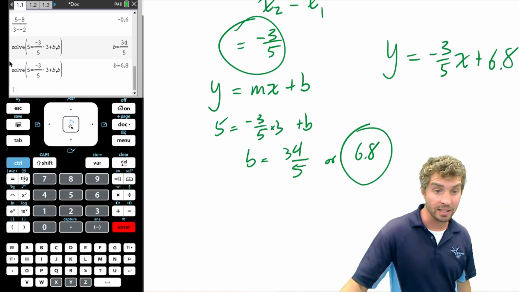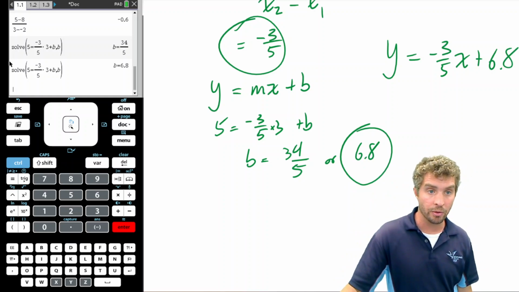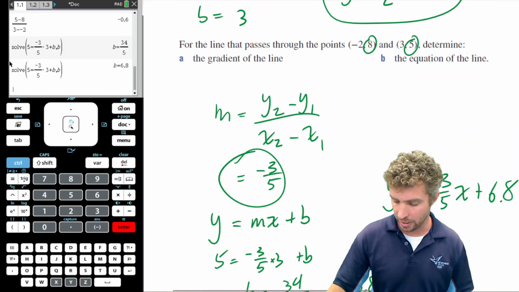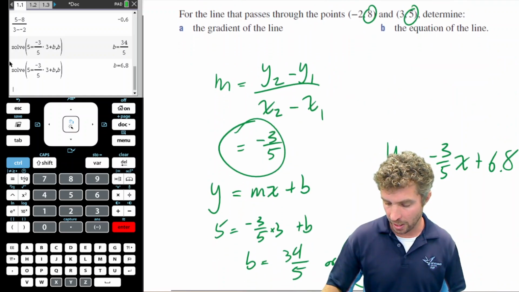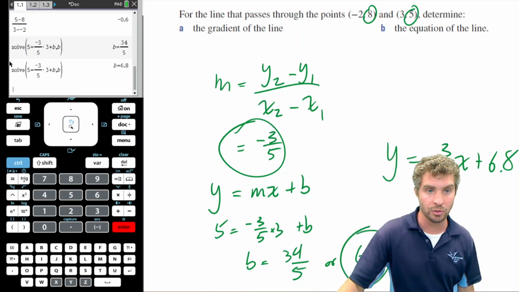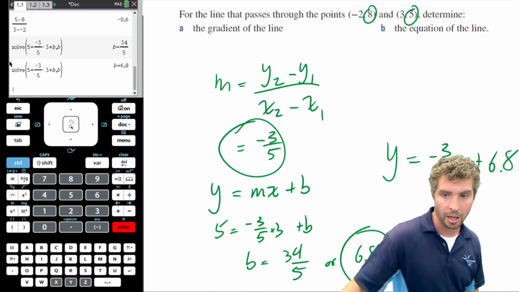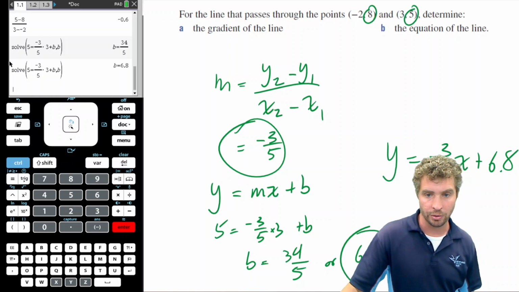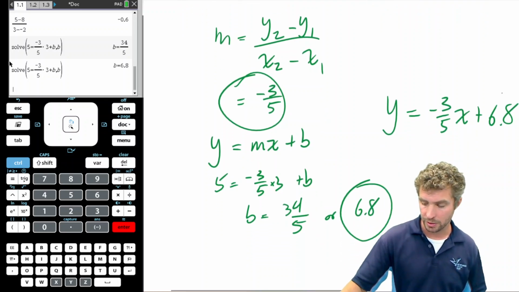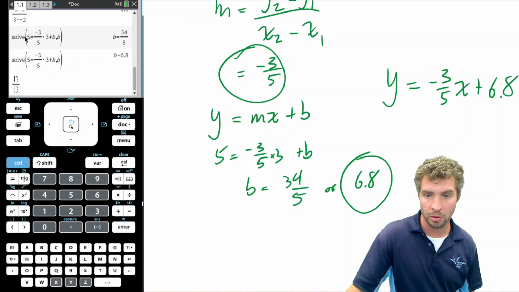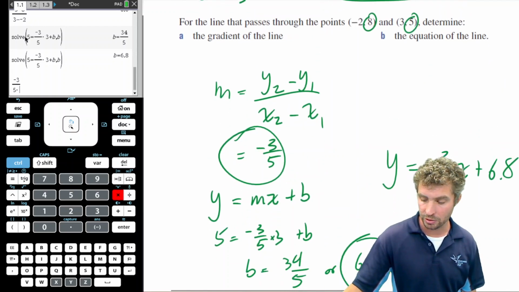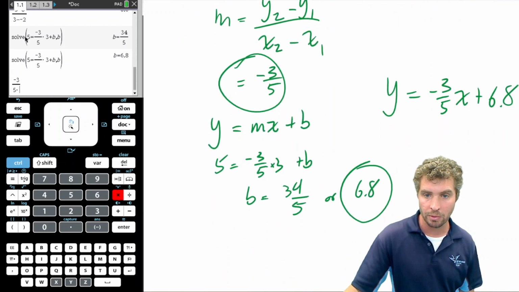Okay, we can test that with the other coordinates. So we had negative 2 and 8. If I take negative 2 and plug it into that, negative 3 over 5 times the x, so negative 2 from that other coordinate.